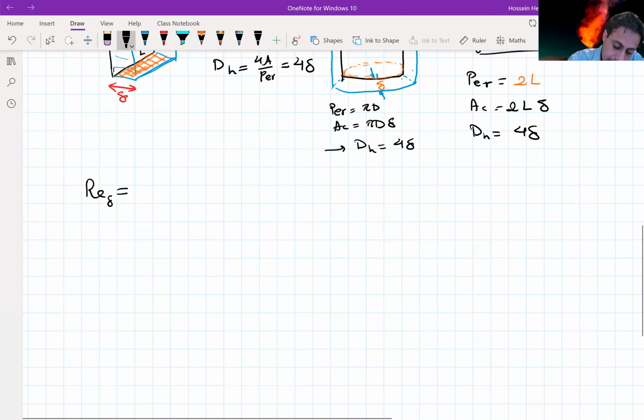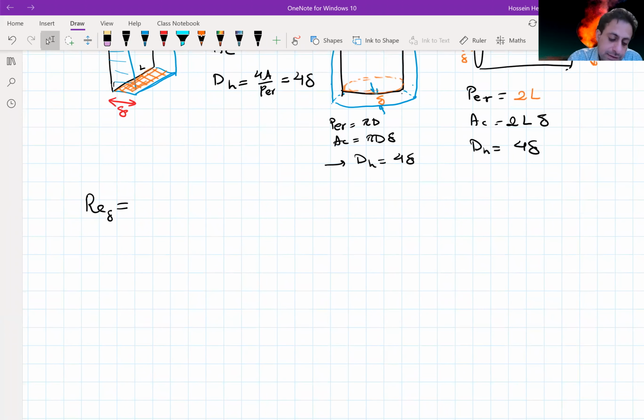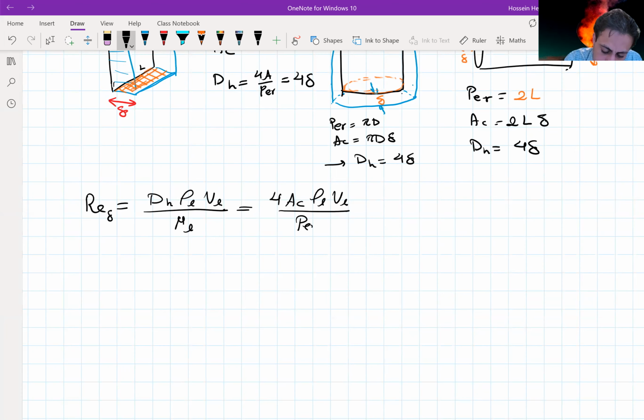So this Reynolds number delta, if you want to see at any point which regime we are in, it's going to be, as I was writing, Dh rho L VL, the average velocity of this liquid condensate, over mu L. Then I'm replacing that one by the definition of this hydraulic diameter, 4 Ac, rho L VL over this perimeter times mu L.